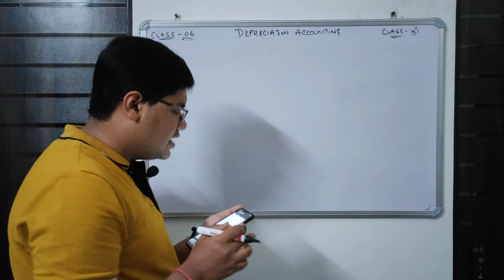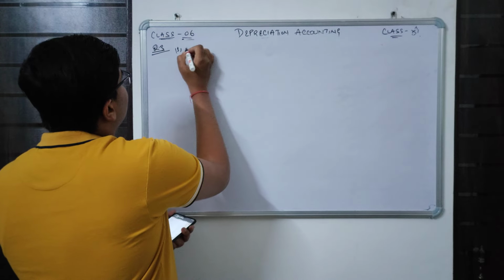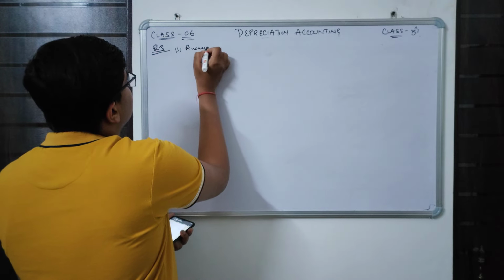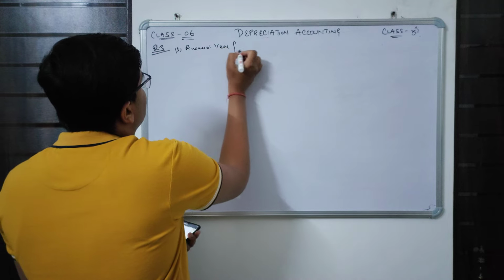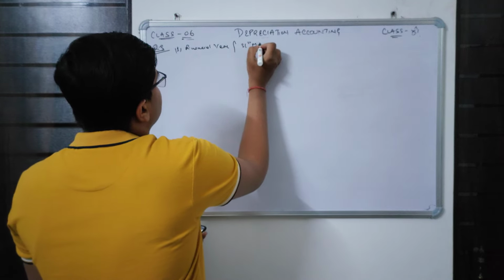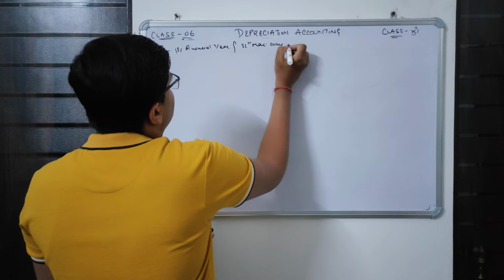The question number 3 is stating that the company is following the financial year. That means the books are closed on 31st March every year.